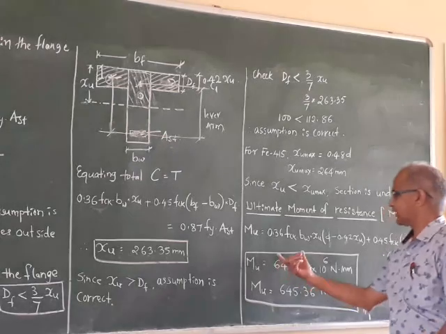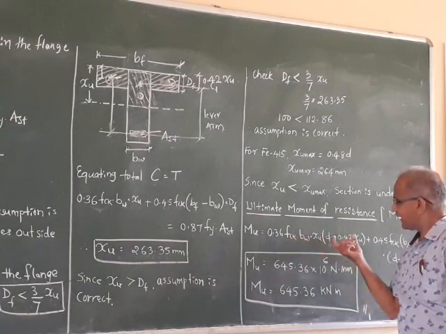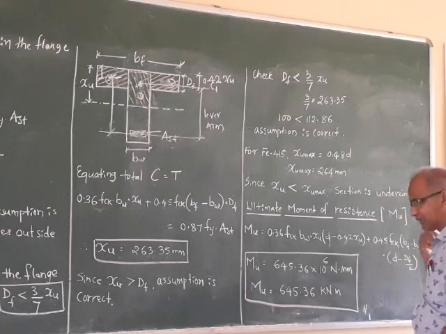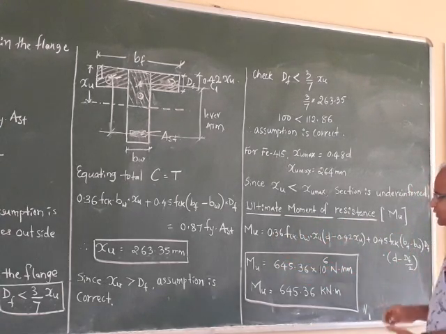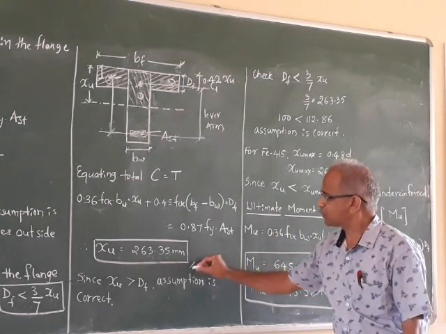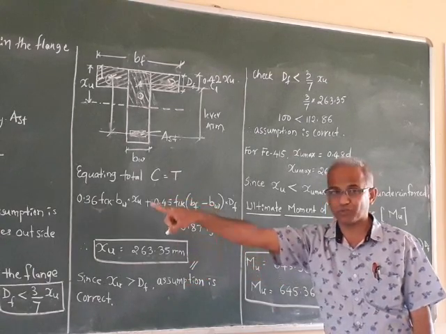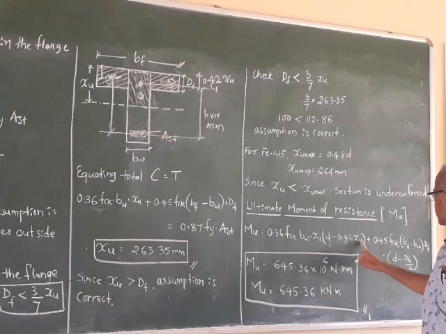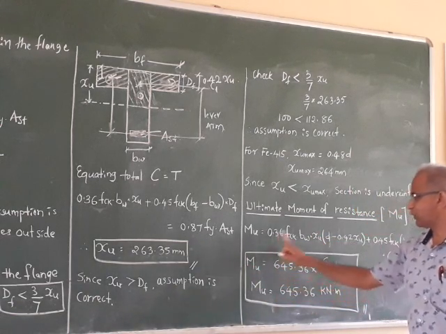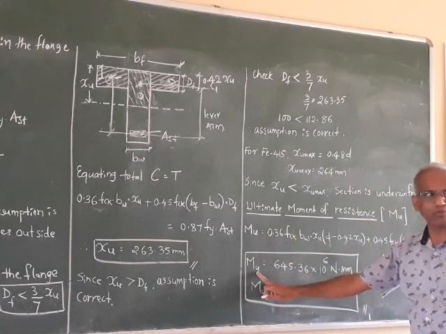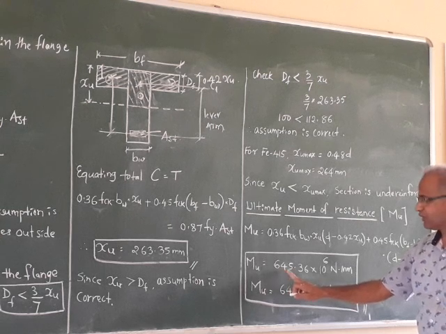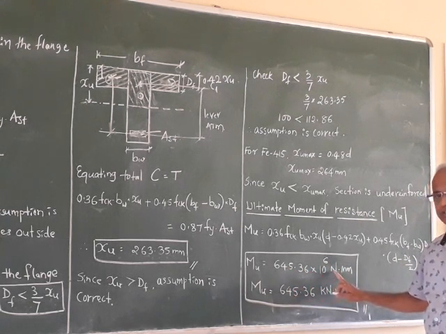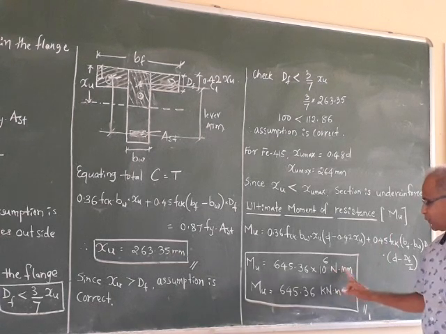So you can say C1 into lever arm plus C2 into lever arm. Substitute all the values. Remember, this final XU will be substituted, not the previous one. So calculate the ultimate moment of resistance: MU is equal to 645.36 into 10 raised to 6 Newton millimeter.